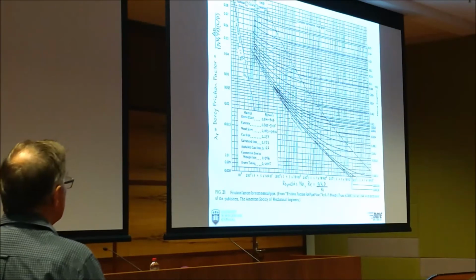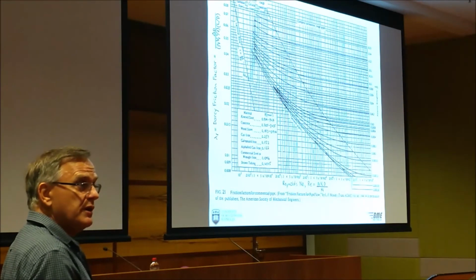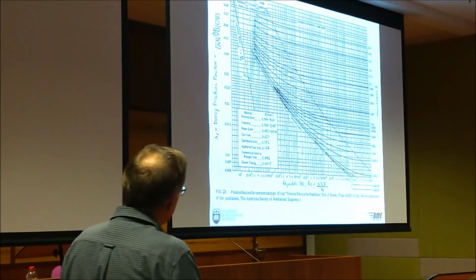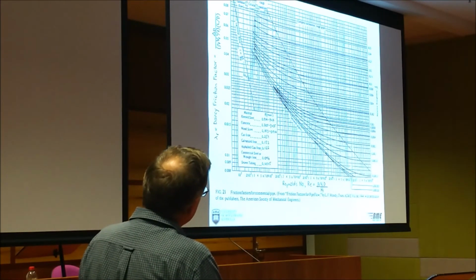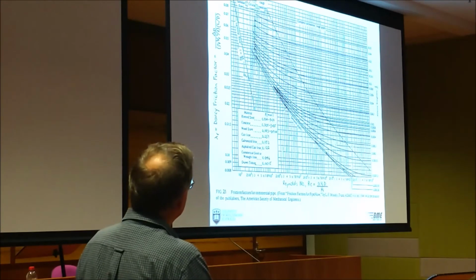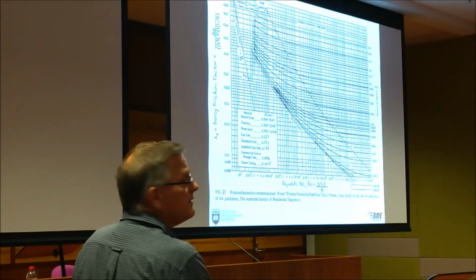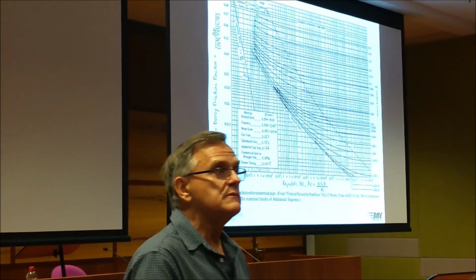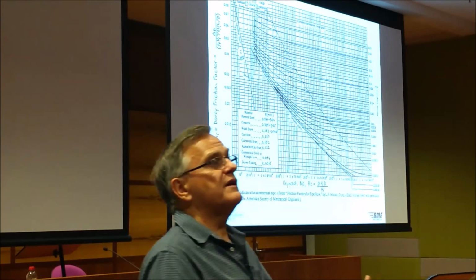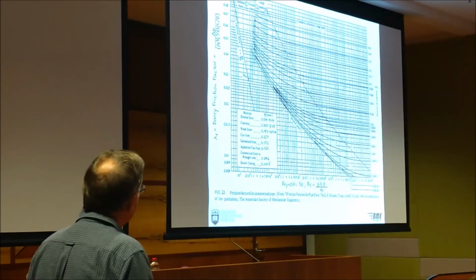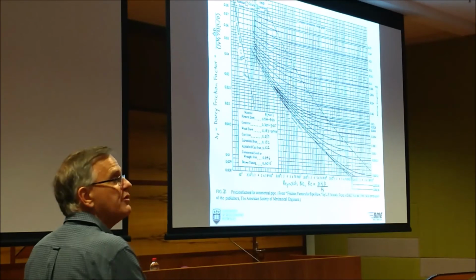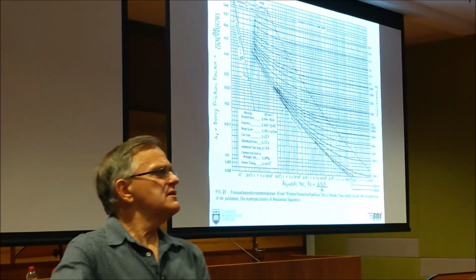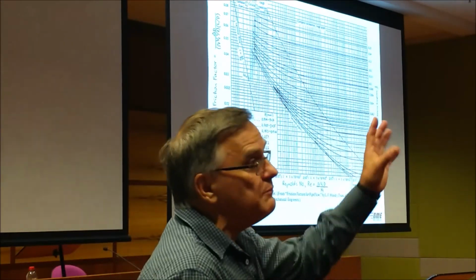So remember that Moody chart? You need your Reynolds number. There's the roughness of your pipeline. You go up to roughness, go across, and you get your lambda, your friction factor. For pneumatic conveying systems with commercial piping, it's typically around 0.02. If you don't know anything else, just assume 0.02, and you're going to be pretty close.